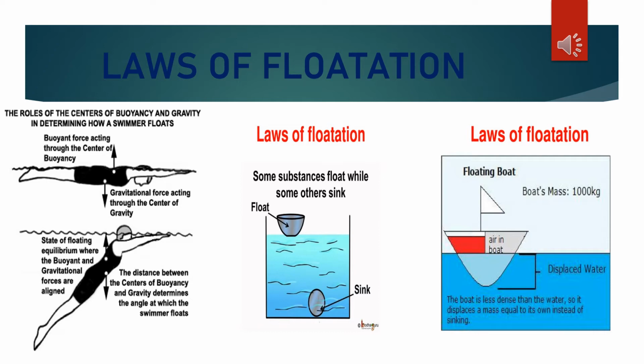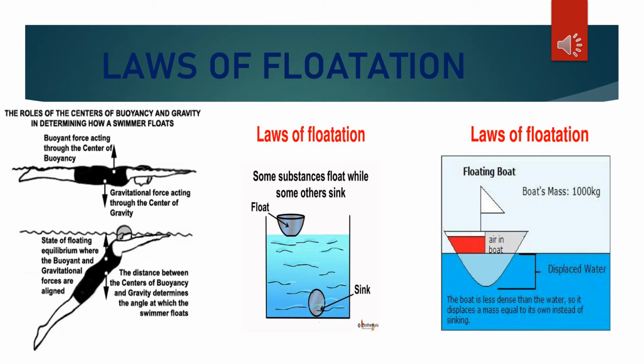That actually happens in the case of, you can see the second diagram, that bowl. It is also half floating. In the first diagram, a floating boat has been shown. See, displaced water: the boat is less dense than the water, so it displaces a mass equal to its own instead of sinking. That's why it is half floating.